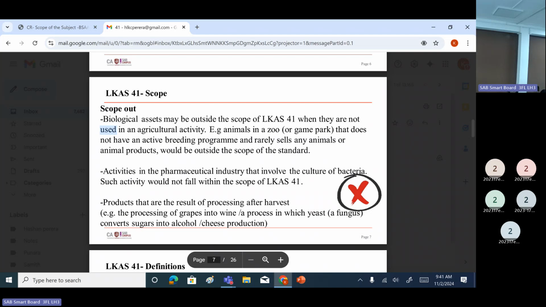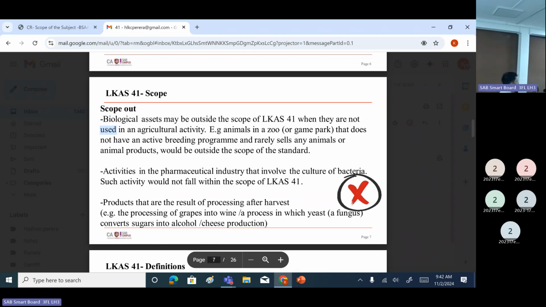The activities in the pharmaceutical industry that involve the culture of bacteria should not fall within this scope. Under this pharmaceutical industry, we are using viruses, bacteria, and this type of thing. We assume that they have a living part, right? We can't scope them in like a living animal. The standard clearly says that part is scoped out, because still we don't know it's an animal, right?